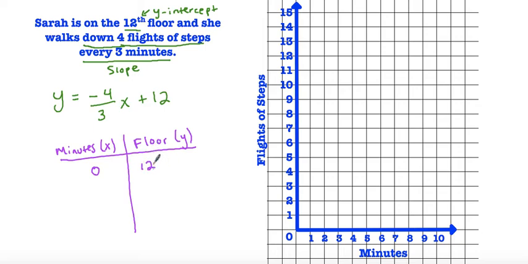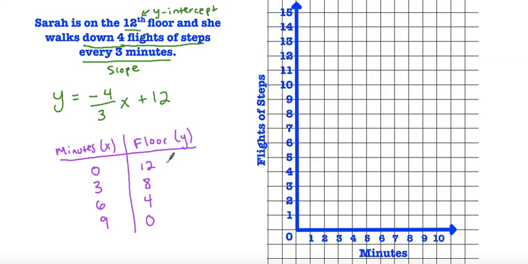She's decreasing 4 flights of steps every 3 minutes. So every 3 minutes, she's going down 4 floors. That puts us at the 8th floor. And then another 3 minutes pass, and she goes down another 4, putting her on the 4th floor. And then another 3 minutes pass, and she goes down another 4 flights of steps, which puts her at 0.